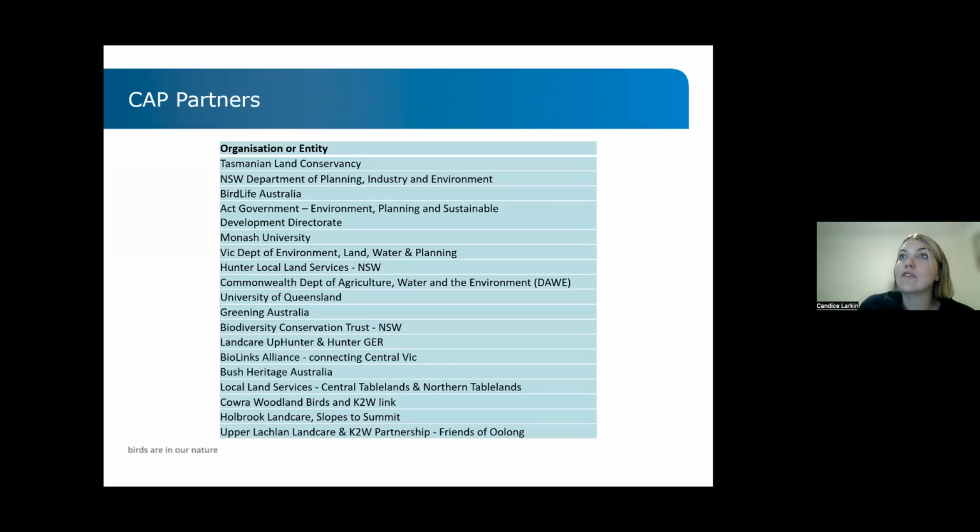So I just wanted to acknowledge there were a lot of partners involved with the CAP and developing it, lots of different universities, as well as the Commonwealth Department of Agriculture, Water and Environment, obviously DPIE in New South Wales. We had lots of Landcare groups and Local Land Services involved, as well as several conservation groups.